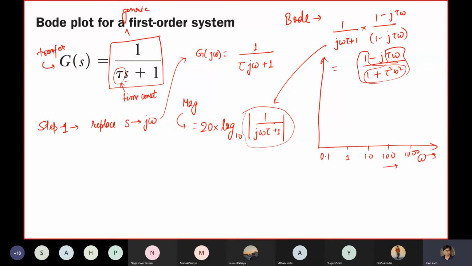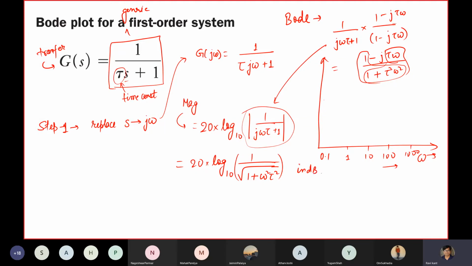If you do it carefully, it would come to 20 log base 10 of 1 upon square root of 1 plus omega square tau square, in dB.